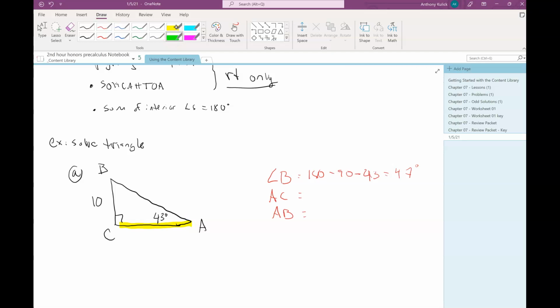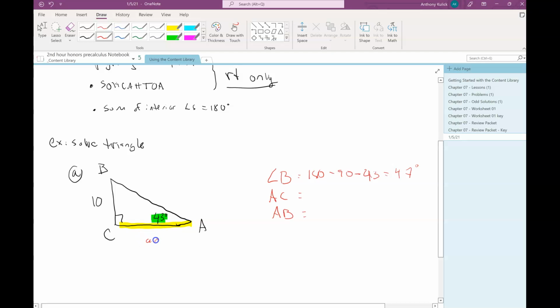The next thing we need to do is choose the angle that we want to use to solve for side AC. We know the 43-degree angle and we need the 47-degree angle. You can pick either one of the acute angles. You cannot use the right angle. Okay? For the sake of argument, let's say we pick the 43. Relative to that 43-degree angle, AC is opposite, adjacent, or hypotenuse?